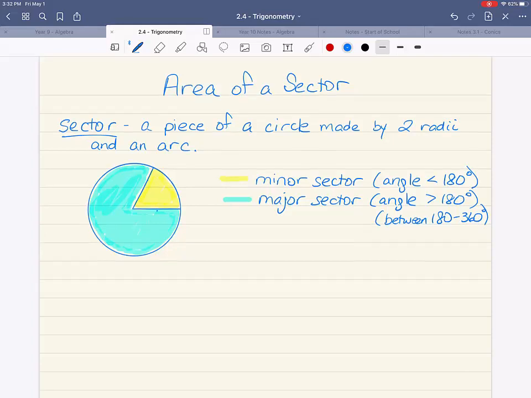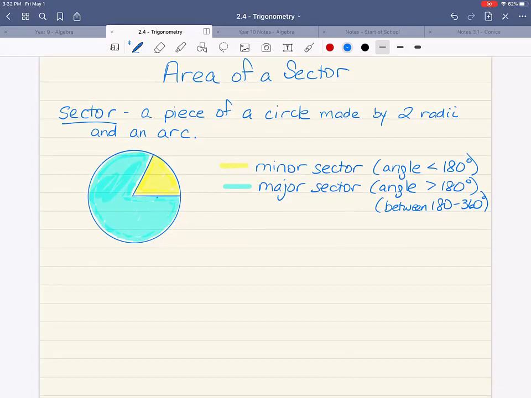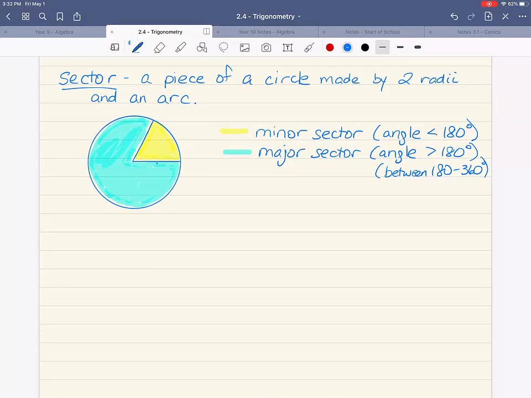All right, in order to find the area of a piece of pizza or a piece of pie, there are two formulas based on whether your angle is in degrees or in radians. So we're first going to talk about the radians formula. The formula for the area of a sector is r squared theta divided by 2, and that angle theta is in radians.